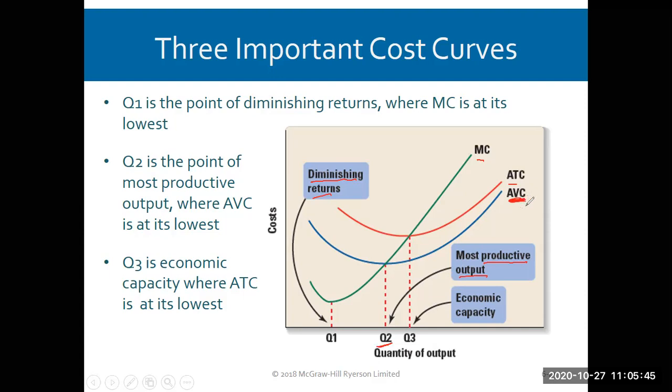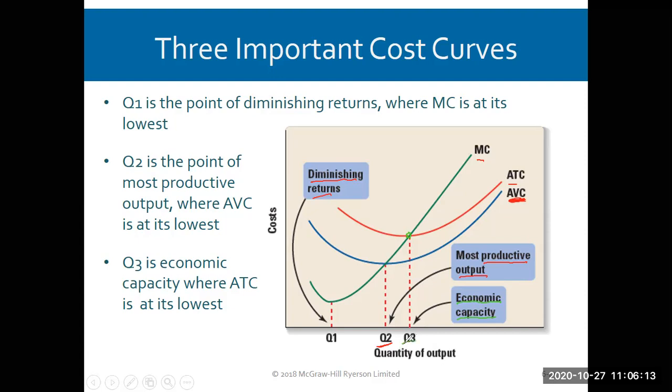The new one that we've got on here is called economic capacity. We haven't talked about this one before. I'll put it in lime green. Economic capacity is just a definition of the design capacity of the plant. The economic capacity is where average total cost is at its lowest. Intuitively, if you're building a plant or building a company, you're going to guess at how much you think you might sell.